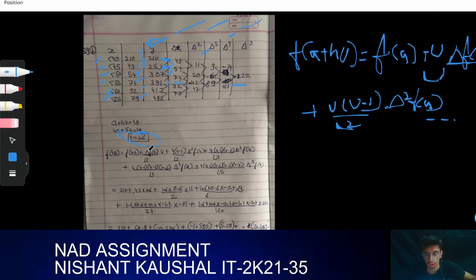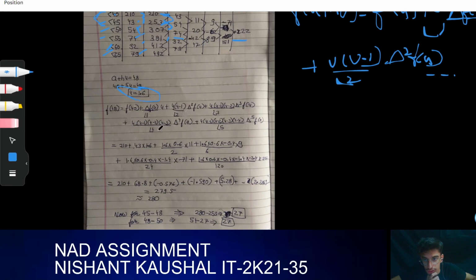So by putting the values here, a will be 40 and h will be 5, because each comes at a difference of 5.